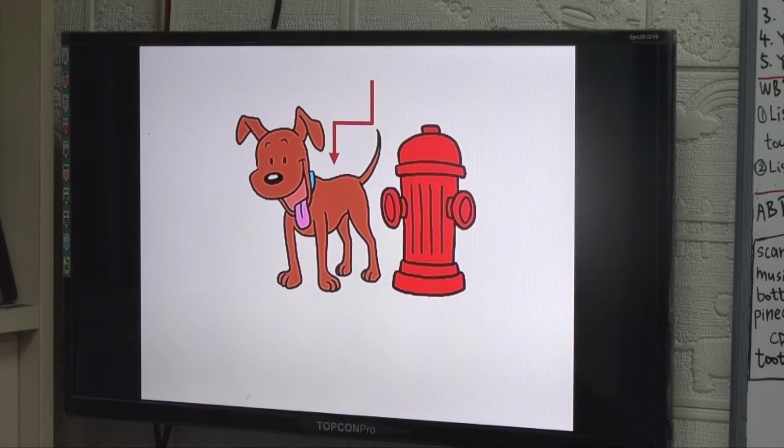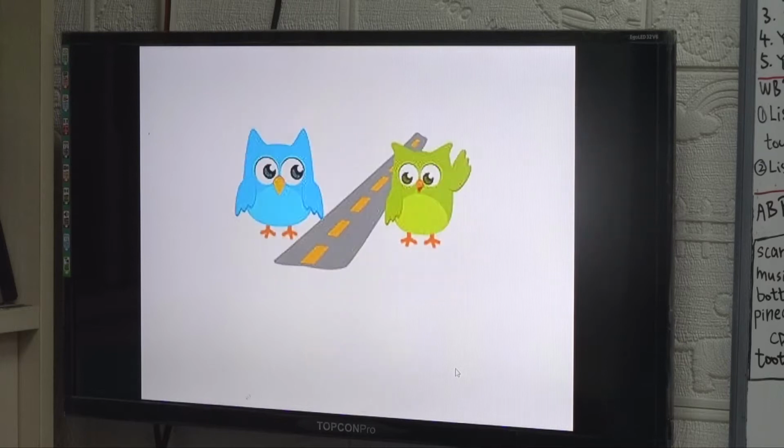Alright, where's the dog right now? He is near this thing, right? He is near it. So, yes, let's spell NEAR. Near. Next one. Where are the owls?